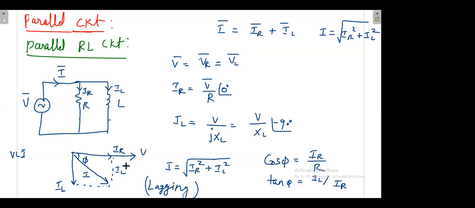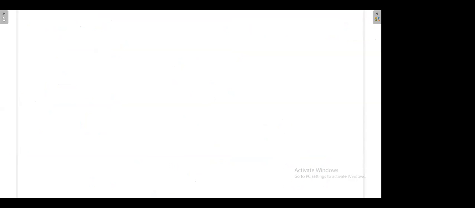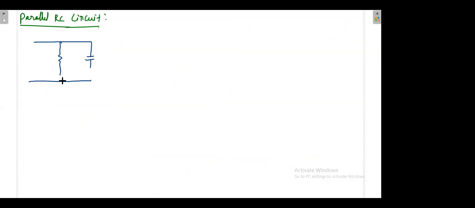Next we'll see the parallel RC circuit. Now this is I, this is IR, IC, this is R, C, and this is V. Here the voltage across all the elements is the same, so I can write V bar is equal to VR bar and VC bar.